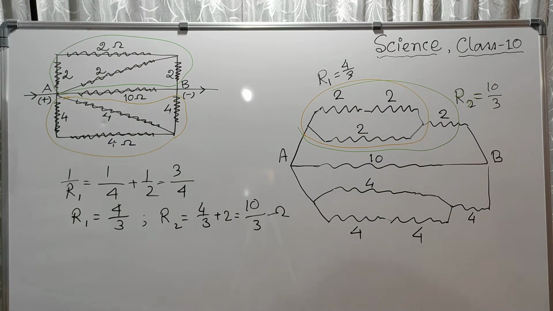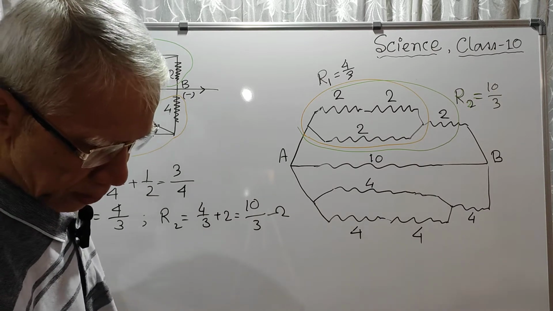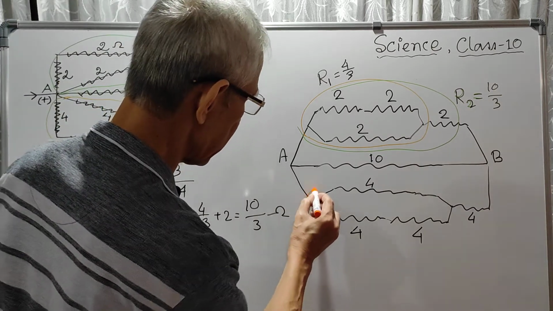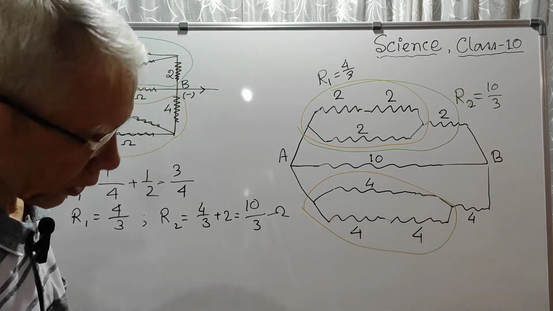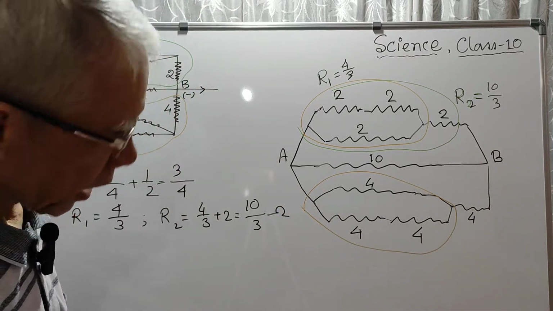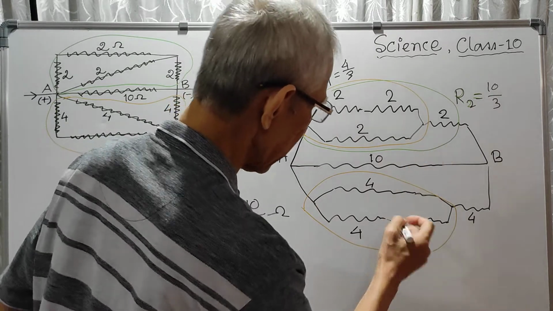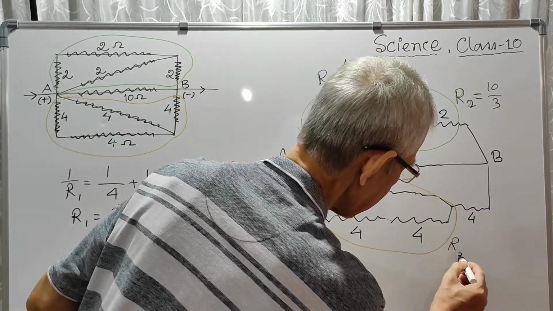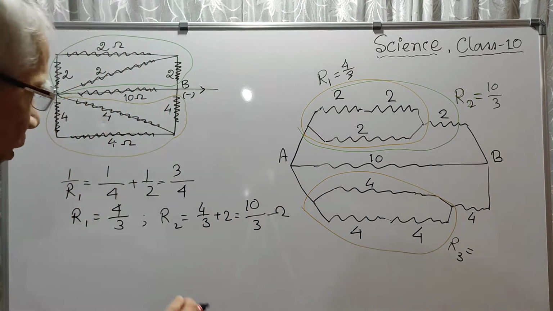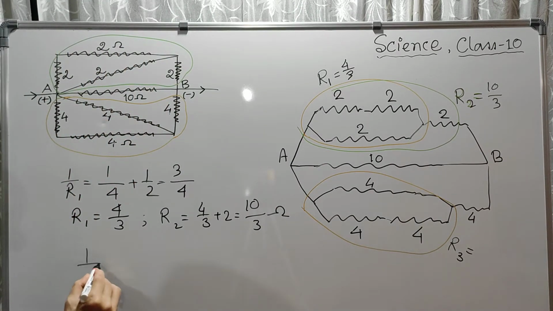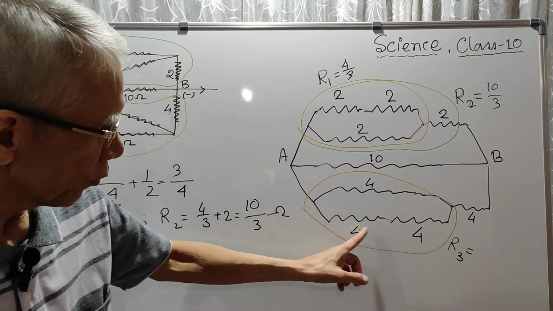Okay. Now similarly, let us calculate this part. How will you calculate? Suppose we call it R3. So let us see what R3 is equal to. 1 by R3 is equal to 4 plus 4, 8.